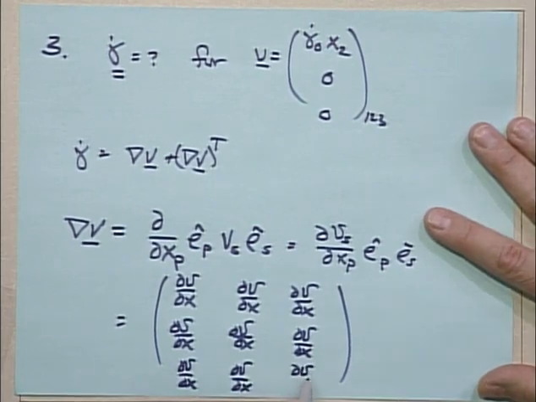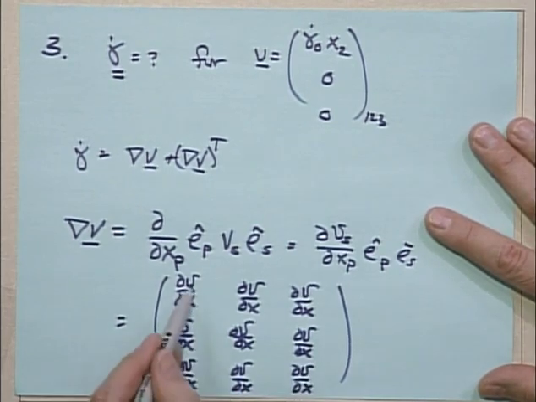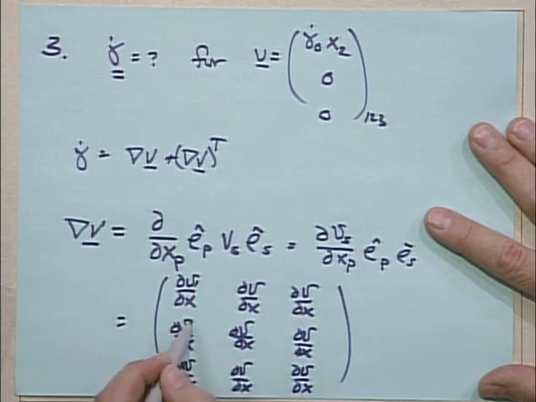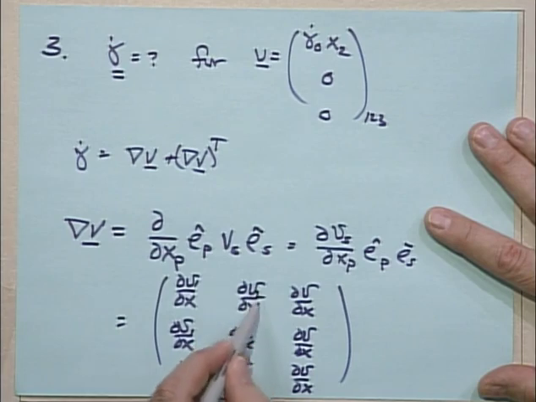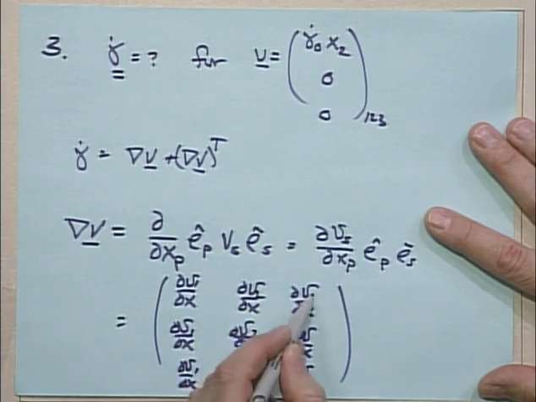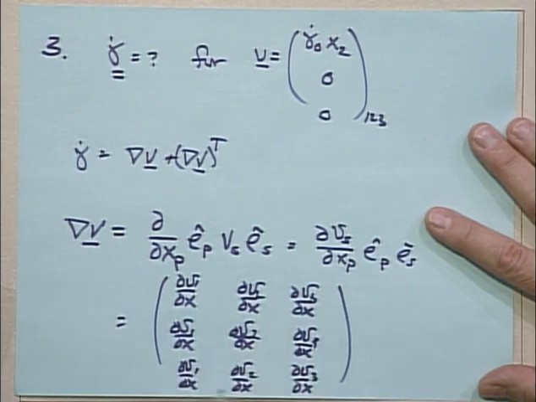Correct. That's correct. The v's are in the columns. So this is 1, this is 2, and this is 3. And the x's go across the rows. Okay? So this is 1, this is 2, and this is 3.